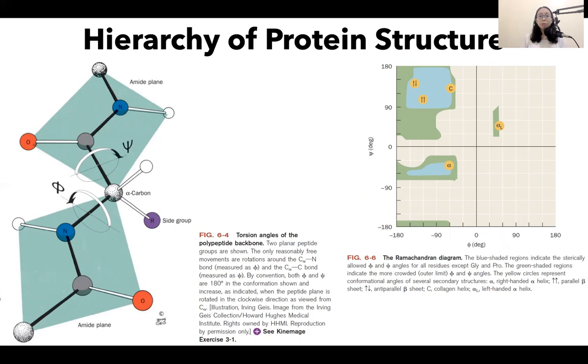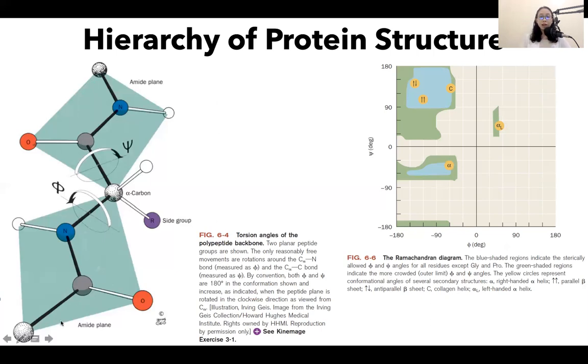Now, if we talk about secondary structure of proteins, we look at what we call torsion angles or dihedral angles. There are two important dihedral angles which can dictate the secondary structure of proteins. Now, in order to detect a dihedral angle, you should count four atoms.